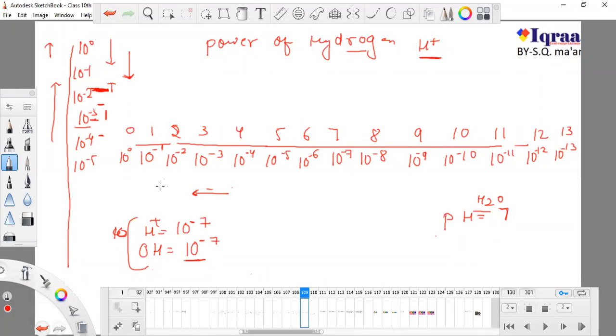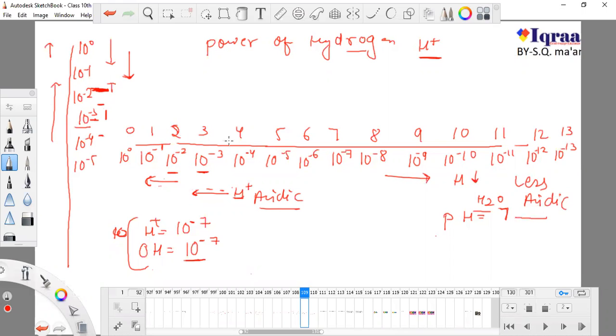If you go here, the value of H plus is increasing, and if the value of H is increasing, it is acidic. If you go here, the value of H is decreasing, and if the value of H is decreasing, it is less acidic or more basic.